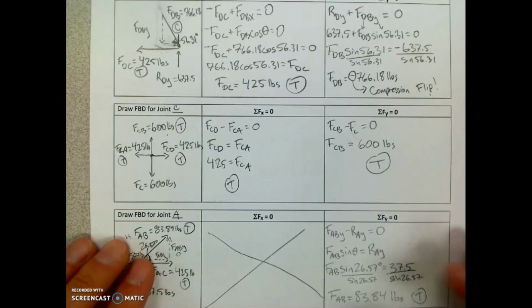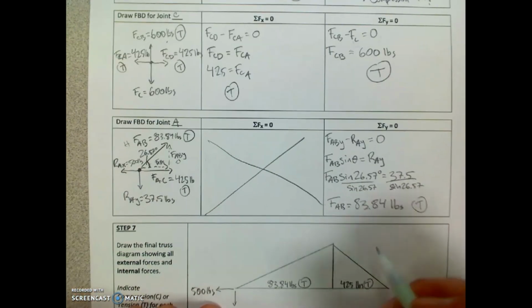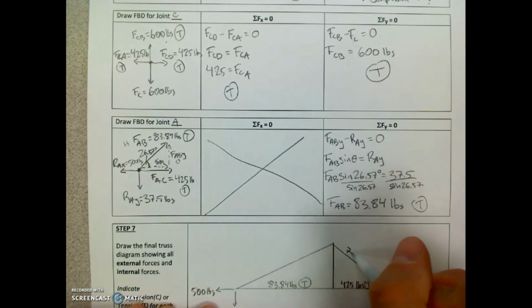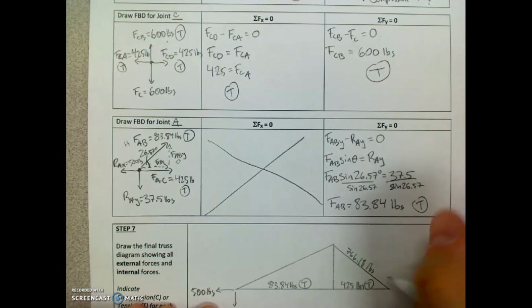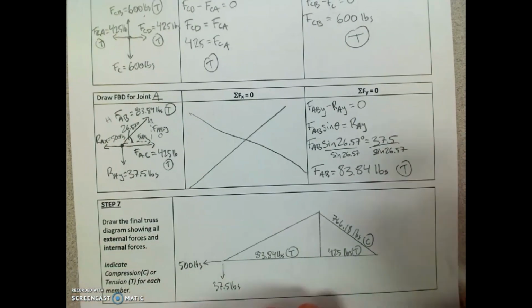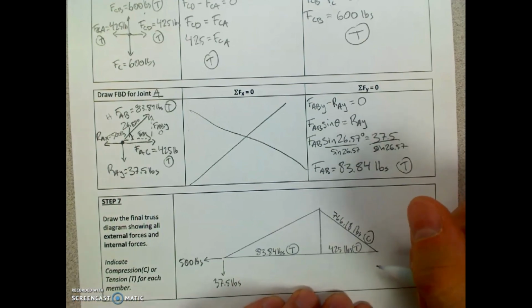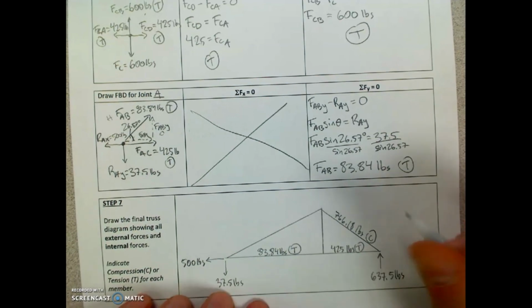FDB, which is our big old angly guy right there, we found to be 766.18 pounds, and we found it to be in compression. We found our reaction force over here was what, 637.5 pounds.